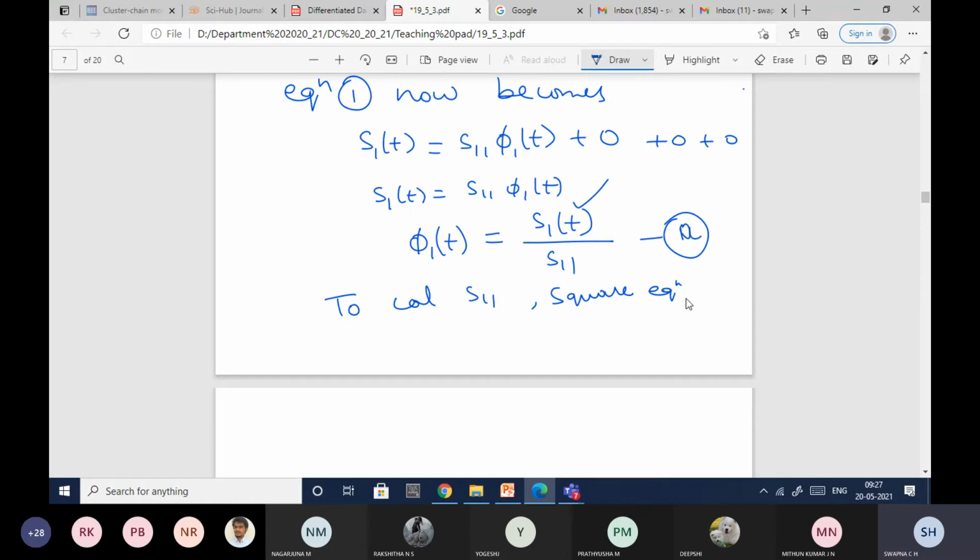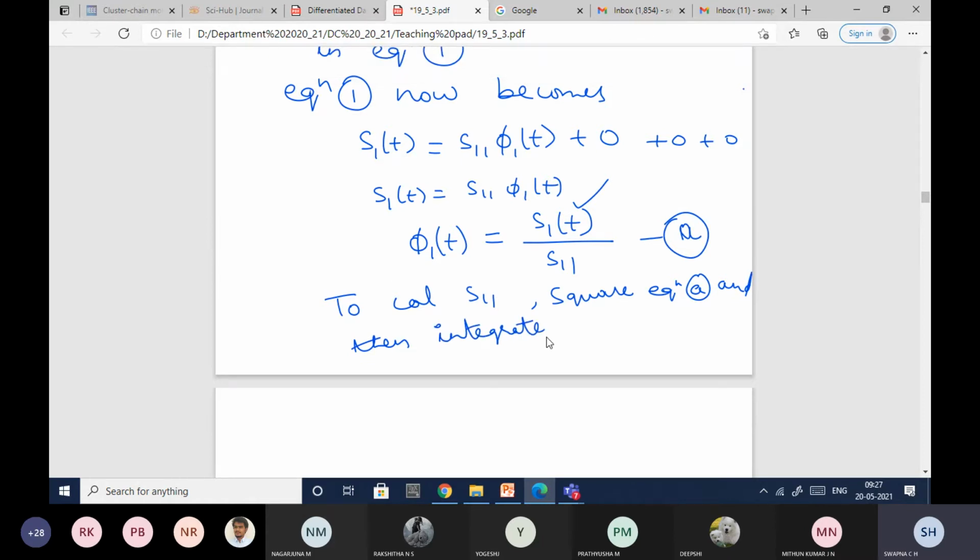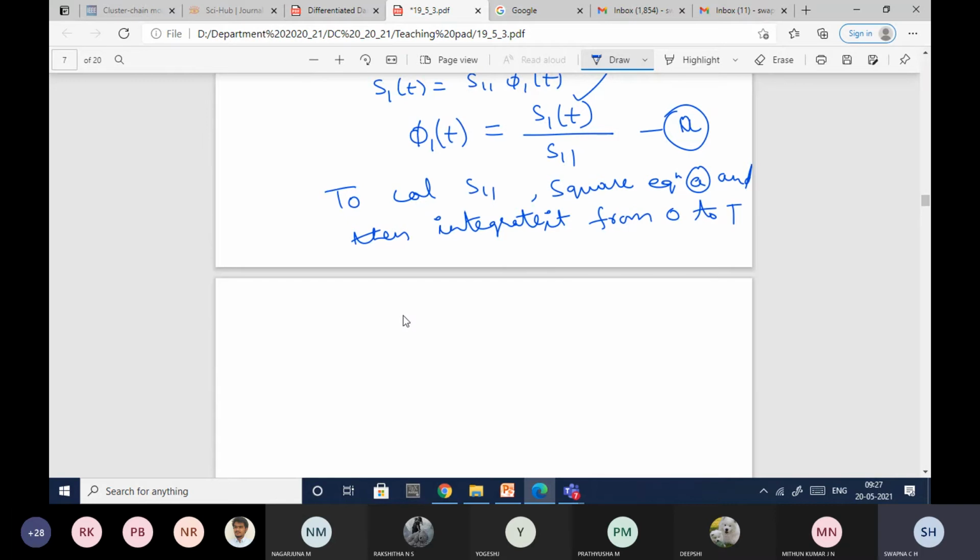So square your equation a and then integrate it from 0 to t. When I square it, it becomes phi1 square of t, which is S1 square of t divided by S11 square. Now I have to integrate also.